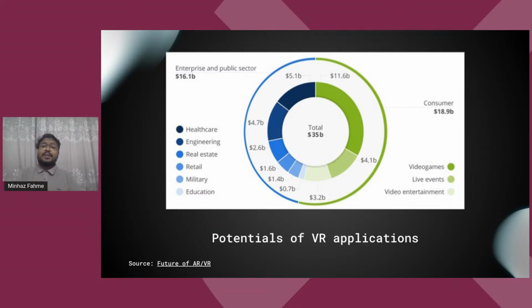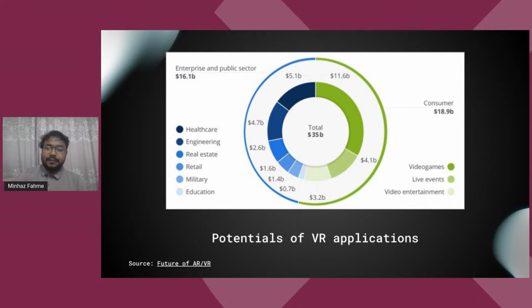And as you can see, video games are dominating the field. Well, that was expected. But apart from that, if you look at the blue colors of the chart, you can see healthcare, engineering, real estate, retail, military, and also education having a very small pie, but it's on the pie.